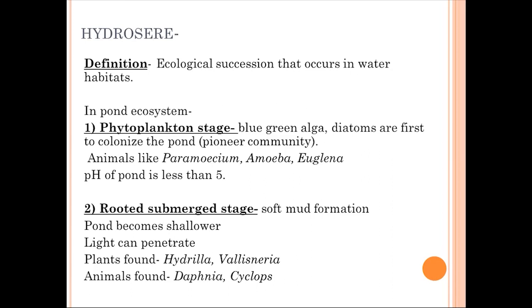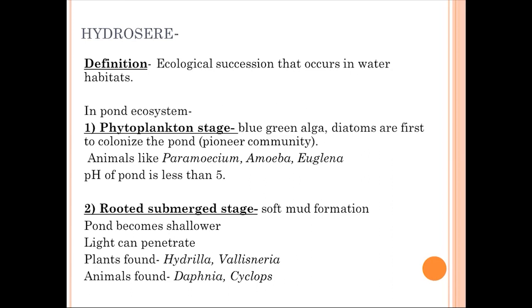Then the second stage is the rooted submerged stage. As time passes, there is decomposition of the phytoplanktons after they die. So the organic matter results in the formation of soft mud at the bottom of the pond, and the pond becomes shallower, so the light can easily penetrate. And all these conditions favor the growth of rooted submerged plants.